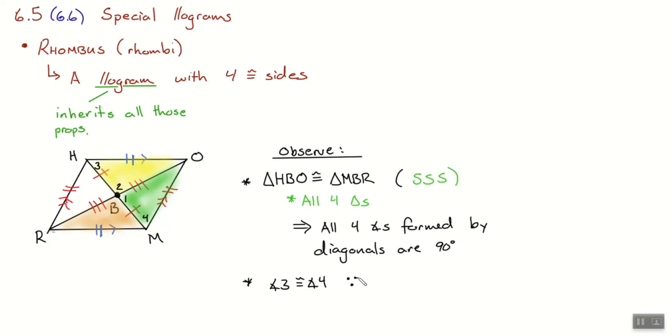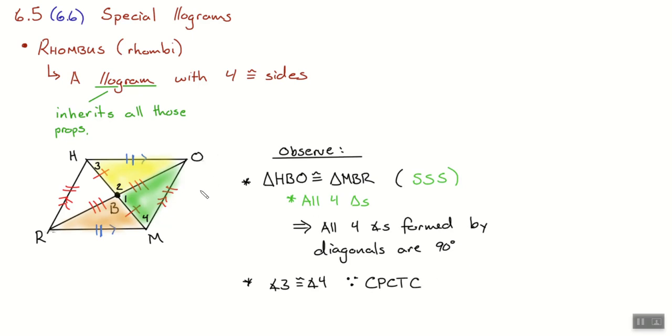Why are they the same? We can't use alternate interiors. They're corresponding. If we were to fold this directly over, 3 and 4 line up, right? Corresponding parts of congruent triangles are congruent, CPCTC.